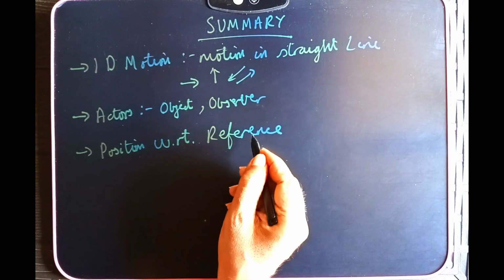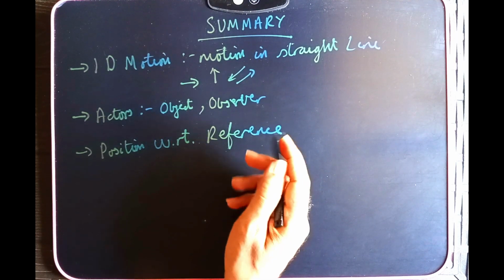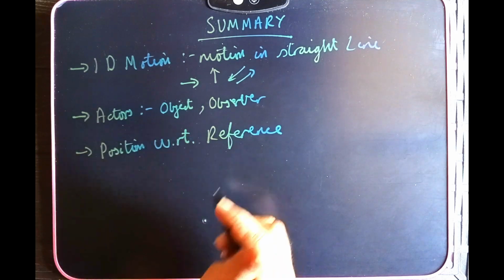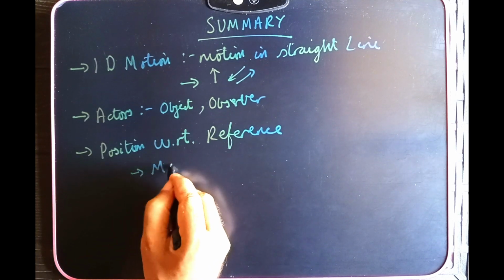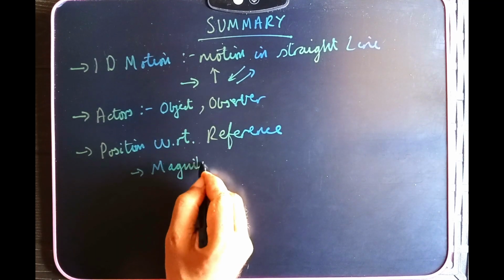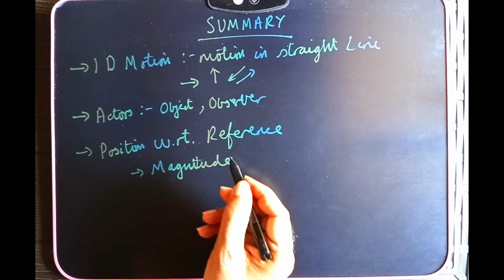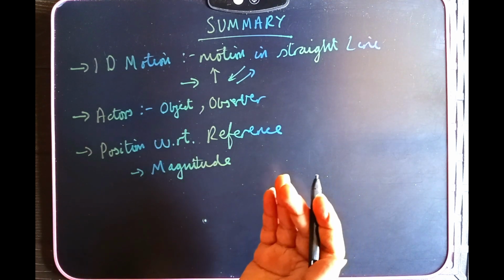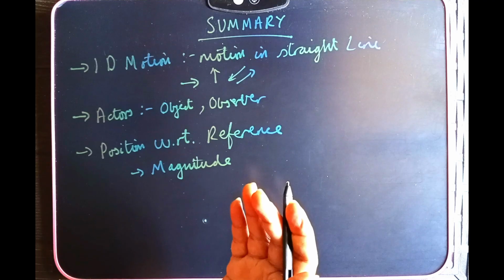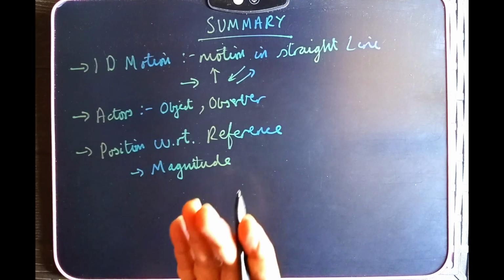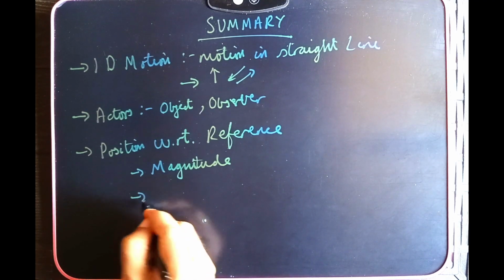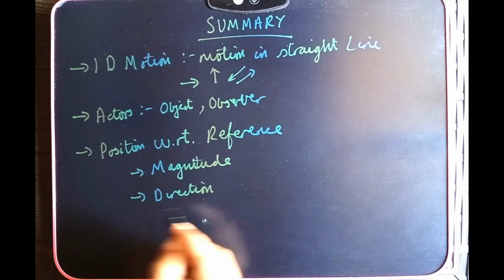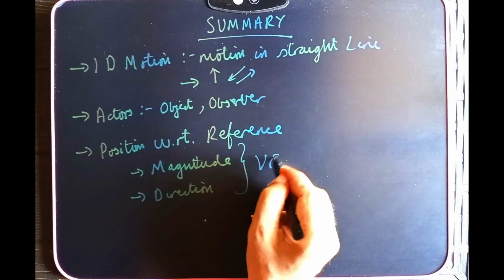Now, position with respect to reference point tells us the magnitude of how far the particular object is with respect to that reference. That means it tells us the magnitude, and it tells us on which side, whether it's on the left side or the right side, or whether it is below or whether it is up. So it will tell the direction as well. So position is a vector quantity.